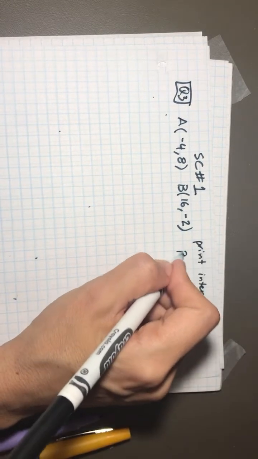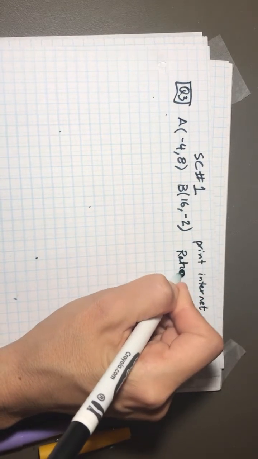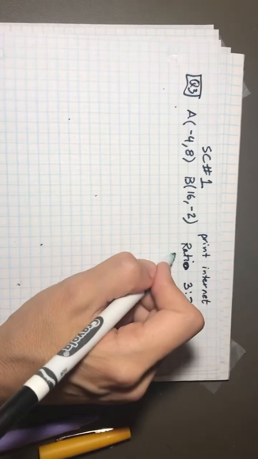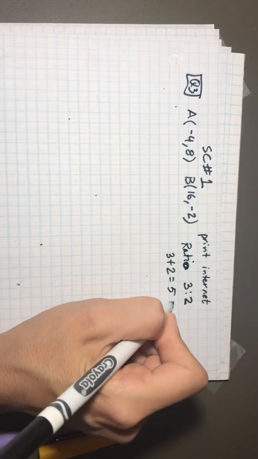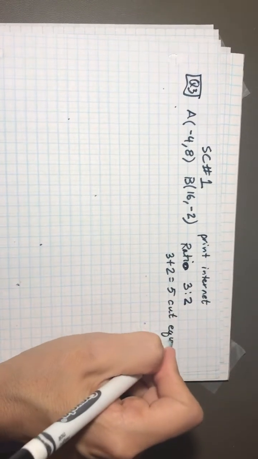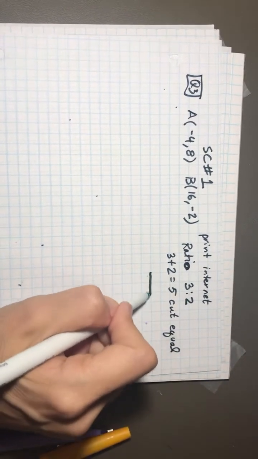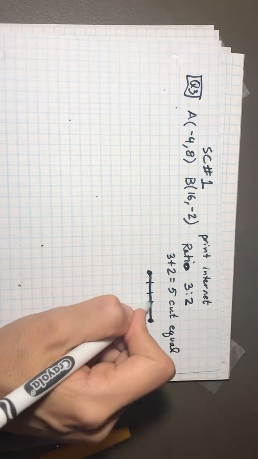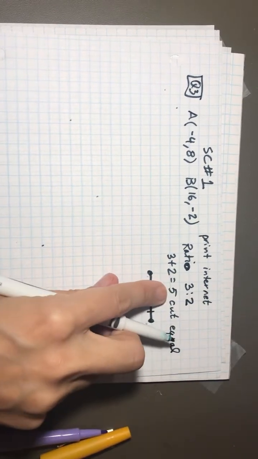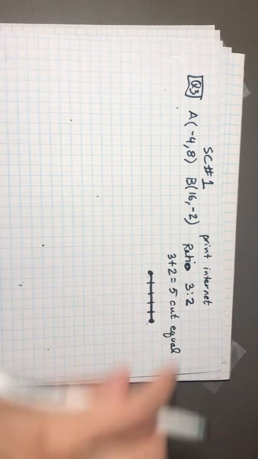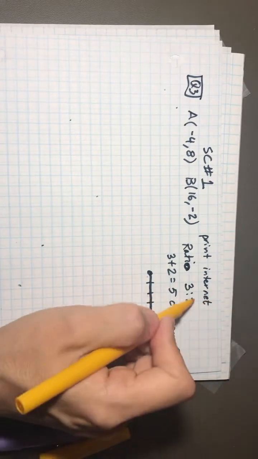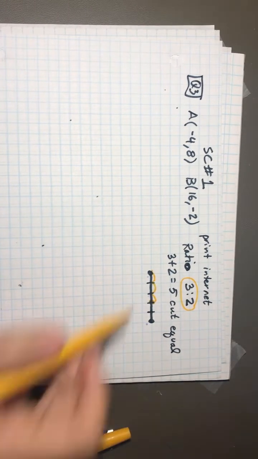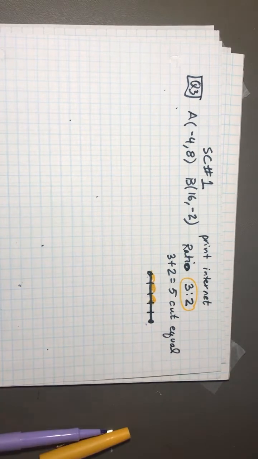You don't have to have it to get full credit. And then they want a ratio that is 3:2. So we learned in class that that means we must cut it into 5 equal pieces. Because if we had a segment that was perfectly 5 long and perfectly horizontal, a ratio of 3:2 means you go 3 and stop, leaving 2 left to go.